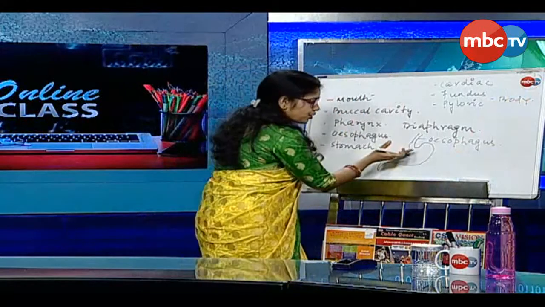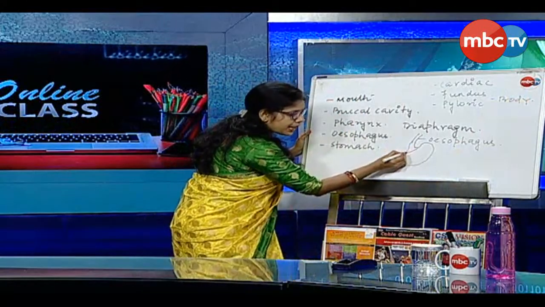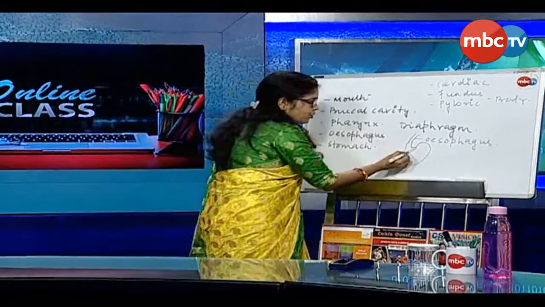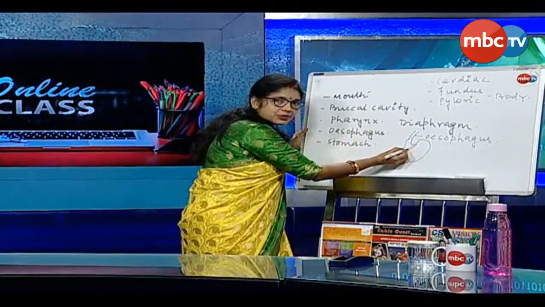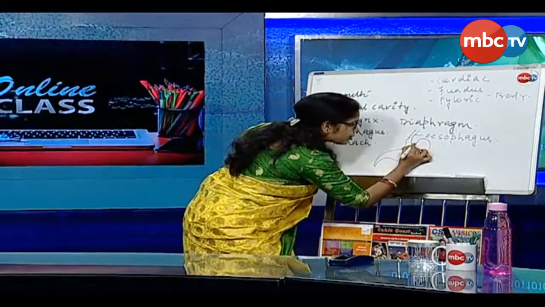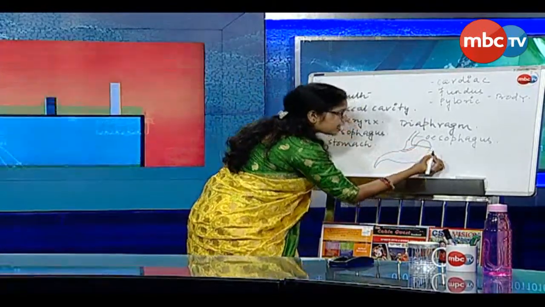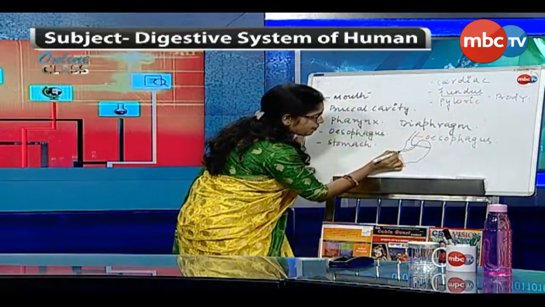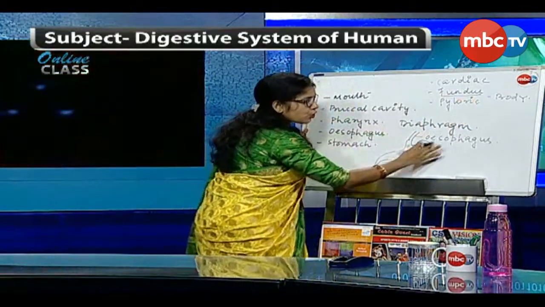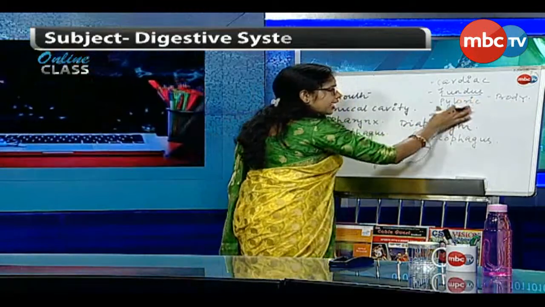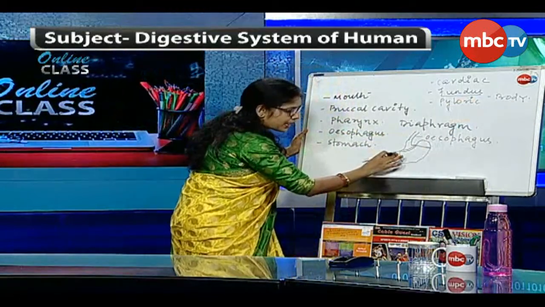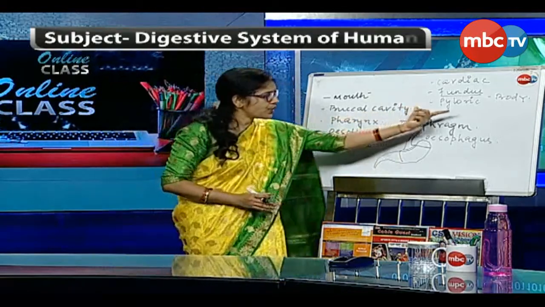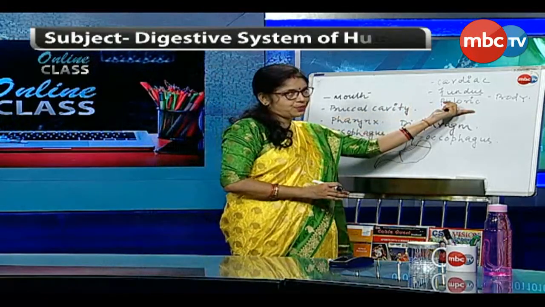The first part of the stomach is the part which is present closer towards the heart. This is known as the cardiac part of the stomach. This part of the stomach which is funnel shaped is known as fundus. The maximum part of the stomach is occupied by the body and the last part of the stomach which leads into the small intestine is known as the pyloric part of the stomach.